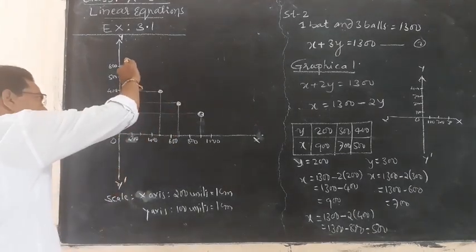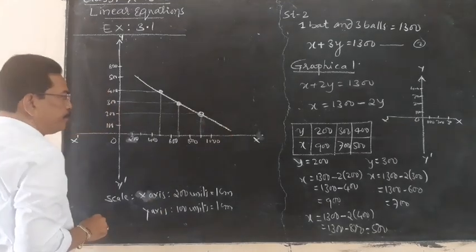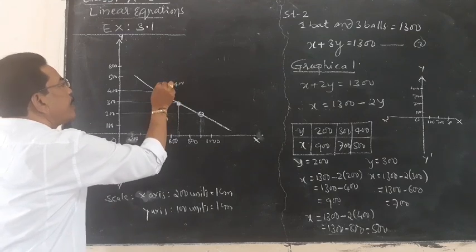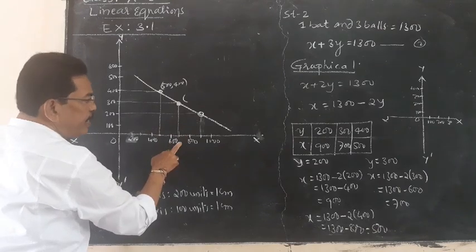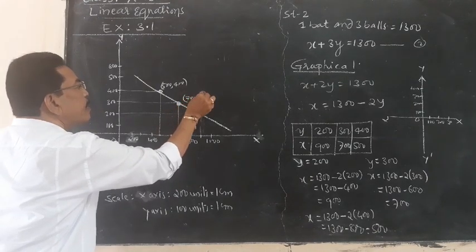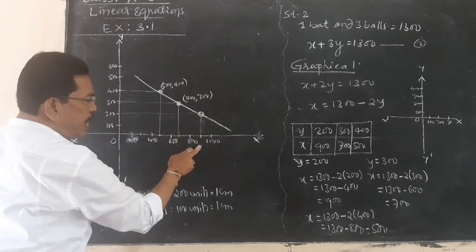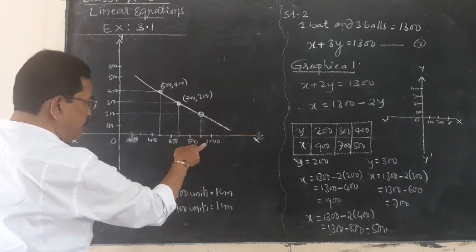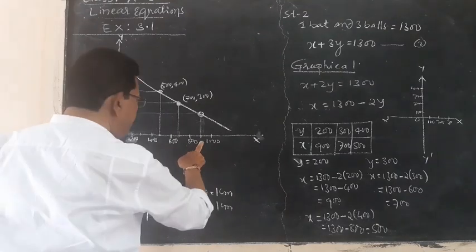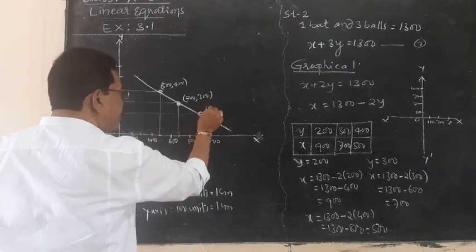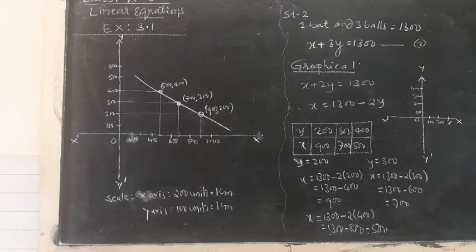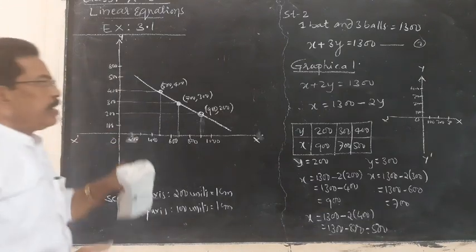Like this, we will get a straight line, through 500 and 400, then 700 and 300, then 900 and 200.